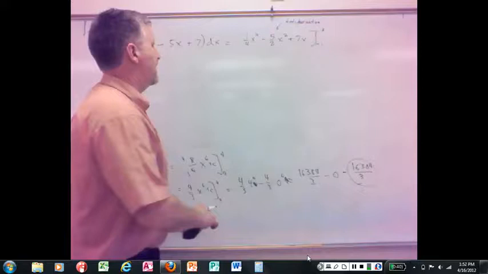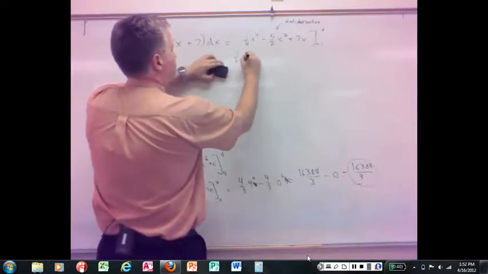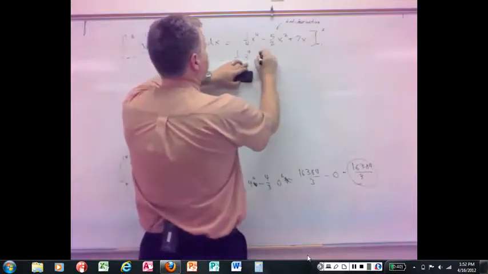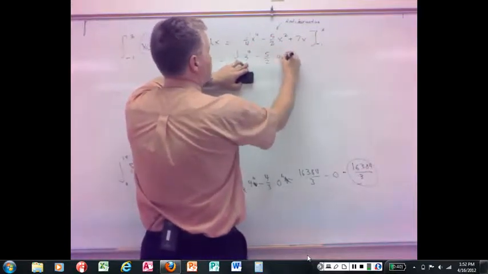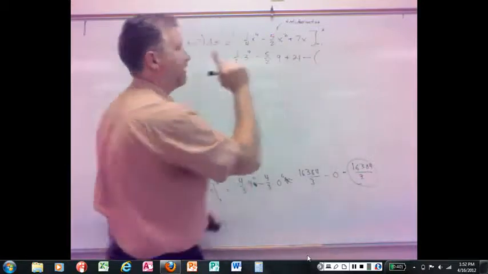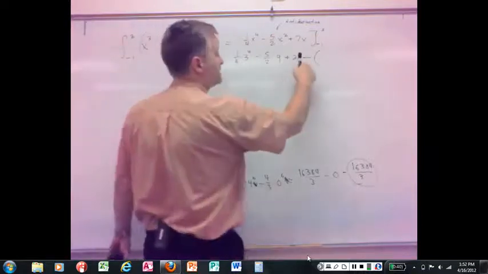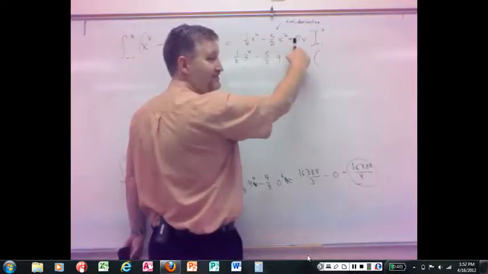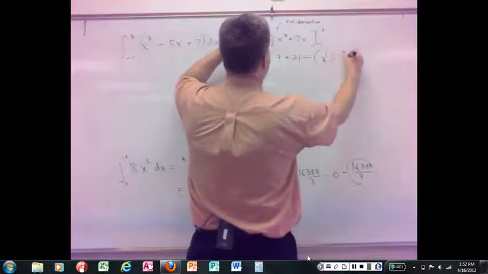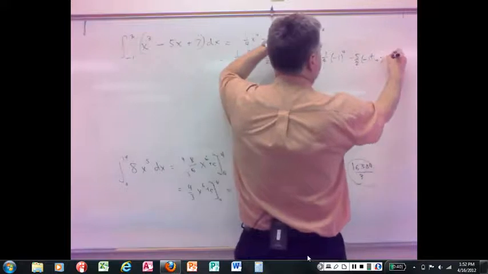Now, what I've got here, I'm actually out of time, but 1/4 times 3 to the 4th, which is 81, minus 5 halves times 3 squared, which is 9, plus 7 times 3, which is 21. Minus, now, be careful with the second one because we are doing minus this one. That's going to change all these signs. You're going to have 1/4 times -1 to the 4th minus 5 halves times -1 squared plus 7 times -1.